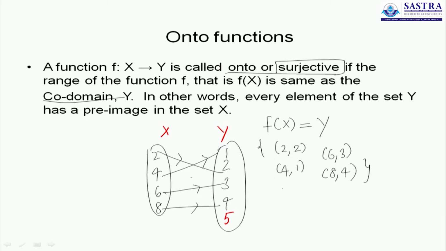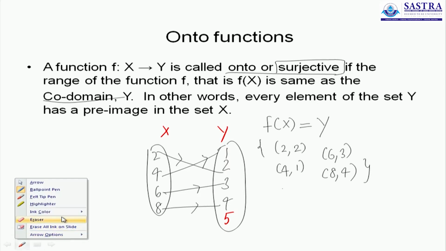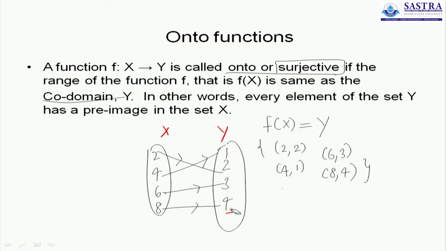Such a function will not qualify as an onto function, because not every element in the set y has a definite pre-image. The range is not equal to the codomain. There is one element in the codomain which is not present in the range. Hence, we cannot call this an onto function. But had it not been for this element 5, then we can say with conviction that the given function is actually an onto function.